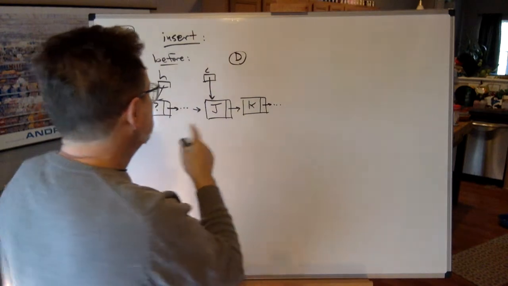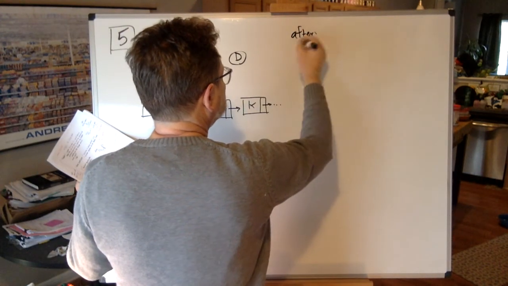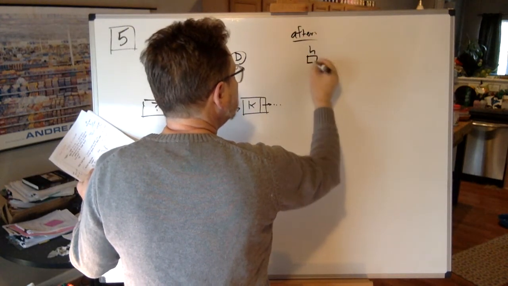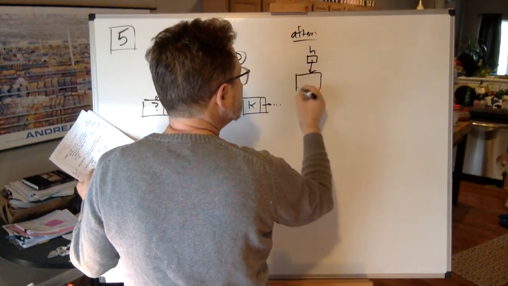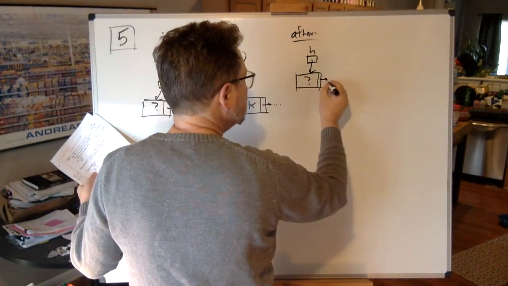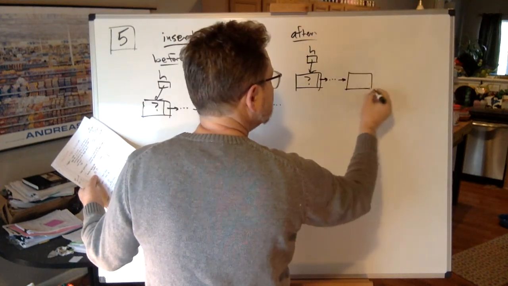So if that's the before picture, the after picture: the head pointer had better be pointed at that empty head node. Don't want to violate those class invariants. Whatever nodes were between that and node J are blissfully undisturbed.